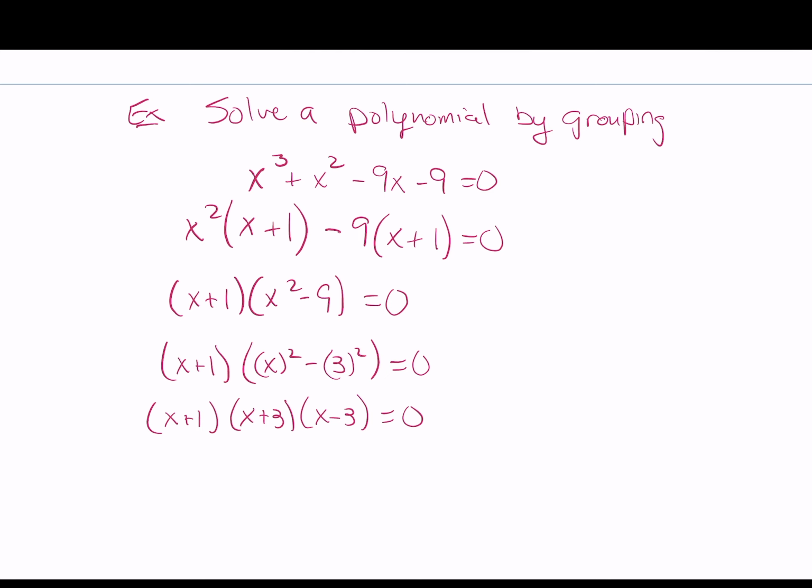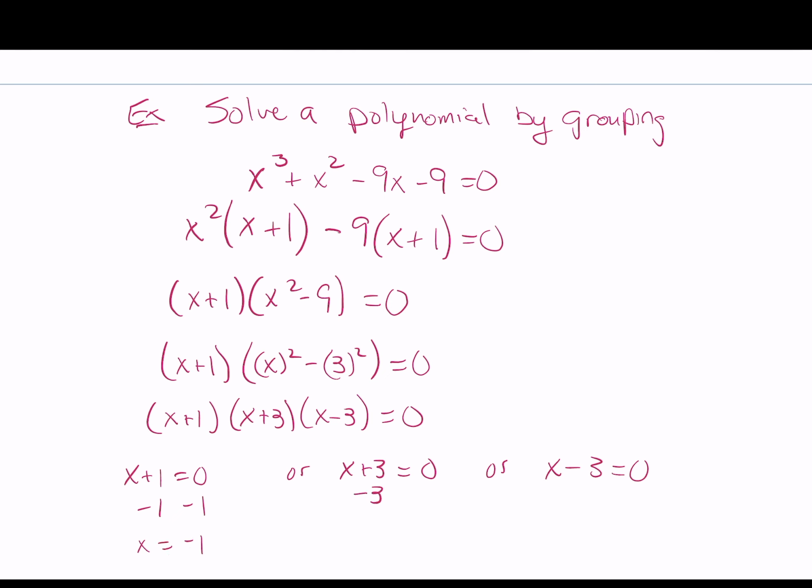So again, we have 3 different values. So x plus 1 is equal to 0, or x plus 3 is equal to 0, or x minus 3 is equal to 0. So the first one, we subtract 1 from both sides. X is equal to negative 1.